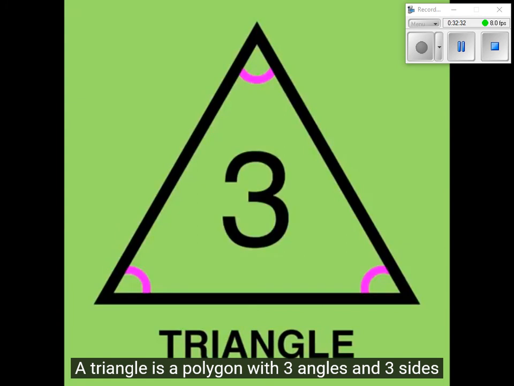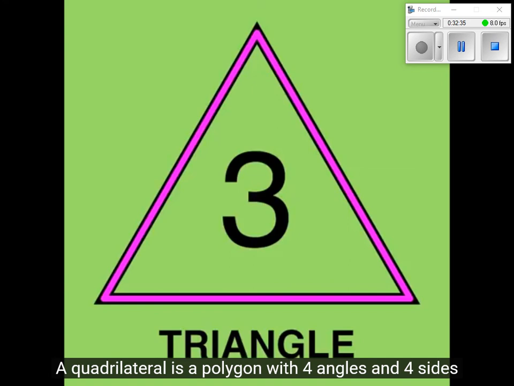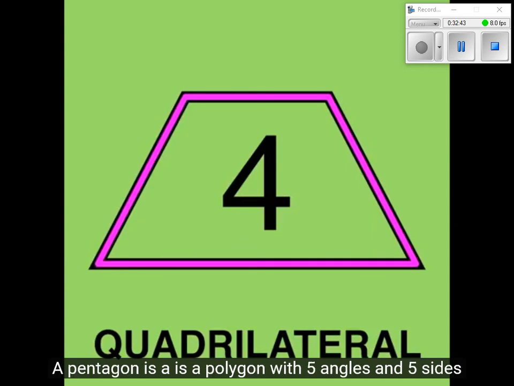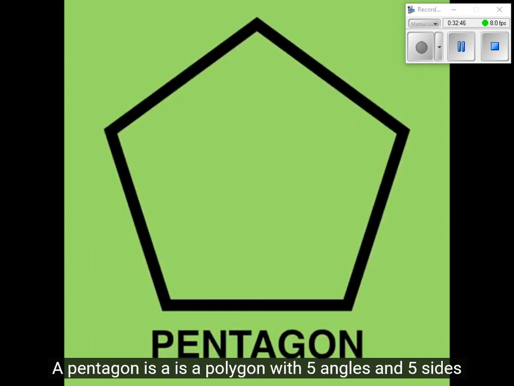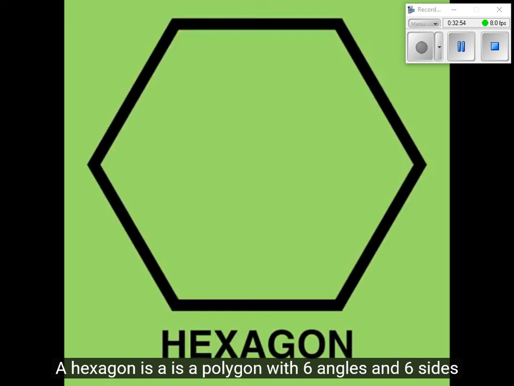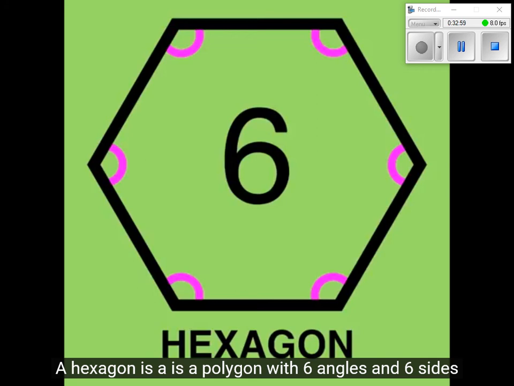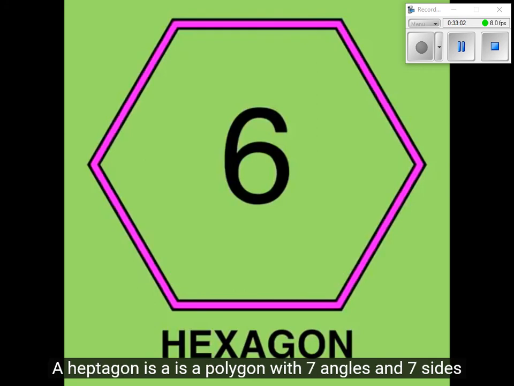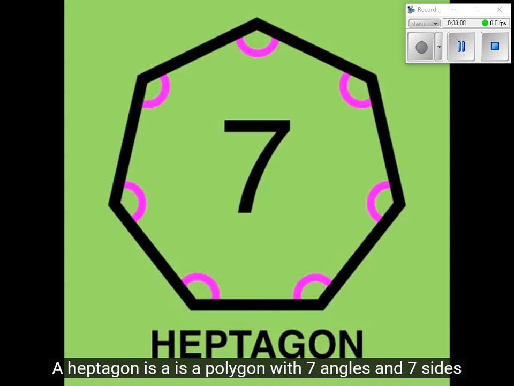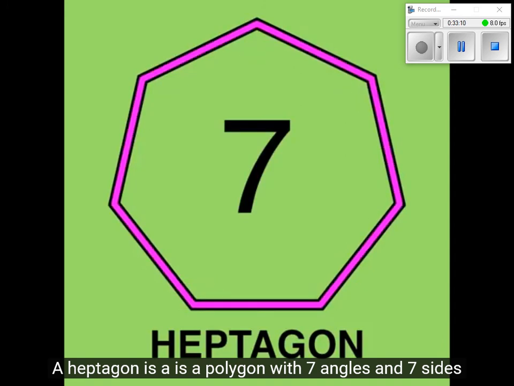Three angles, three sides, a quadrilateral is It's in the chorus of the song. four angles, four sides, a pentagon is a polygon with five angles, five sides, a hexagon is a polygon with six angles, six sides, a heptagon is a polygon with seven angles, seven sides.